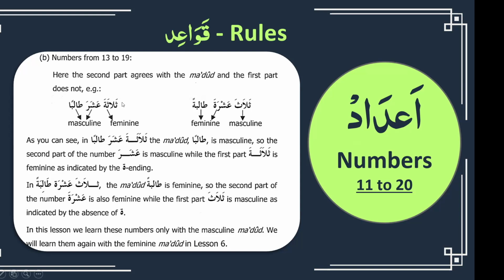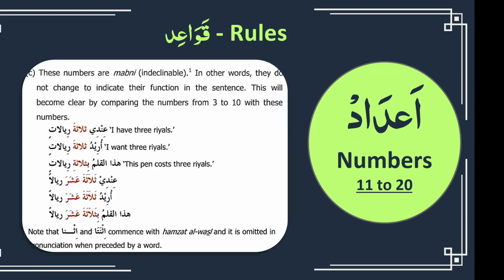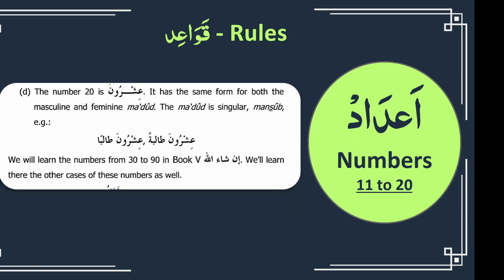The first part of 13, salasata ashara, will be in feminine form, and then the noun will be masculine. If it is female students, then the first part for the 3 will be masculine, and the noun will be feminine. But asharata will remain the same; that does not change. Okay, this is simple, we've done this already.